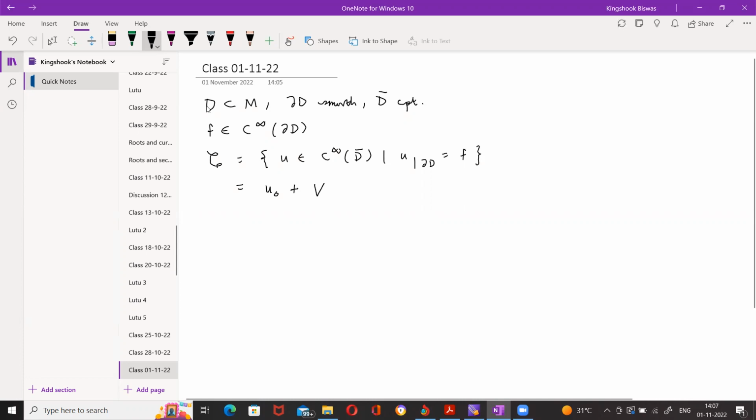Let me call this V, where u naught belongs to C and V is the vector space of functions whose boundary value is 0. So this is a vector space.